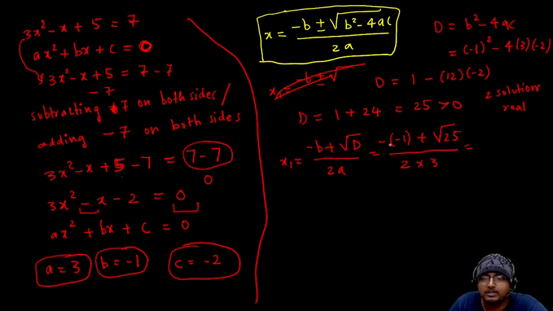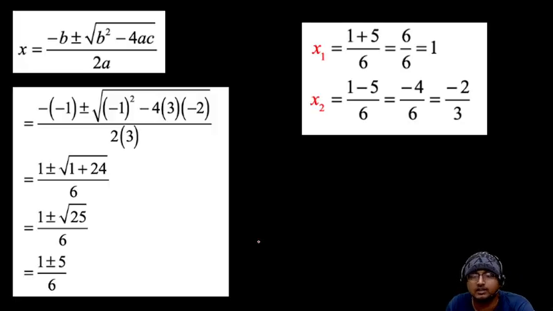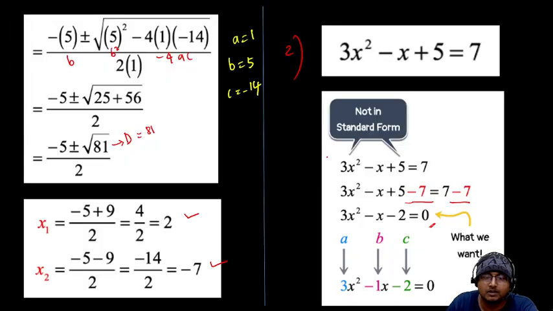So it will become minus of minus 1 plus root 25, which is 5, divided by 6. That is 5 plus 1, 6 by 6. So x1 is equal to 6 by 6, which is 1. So one value we got, x1 is equal to 1. Let us write here, x1 is equal to 1.